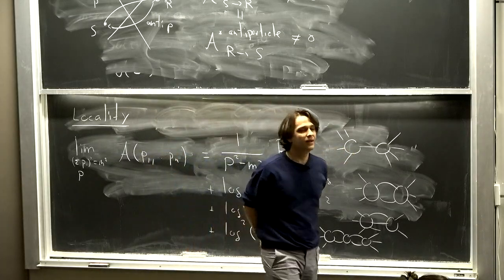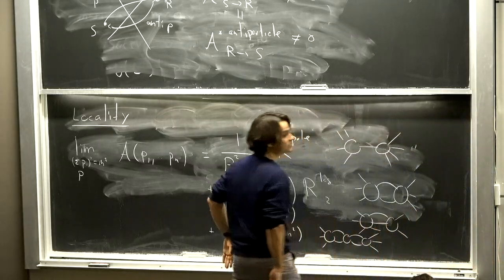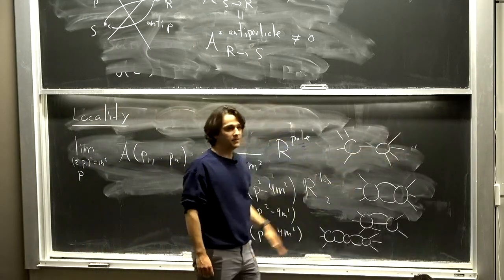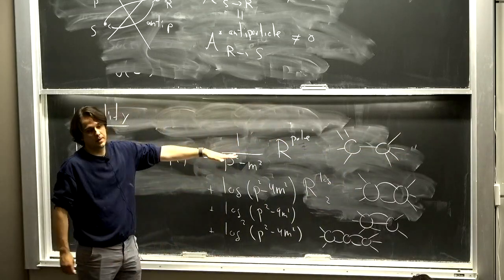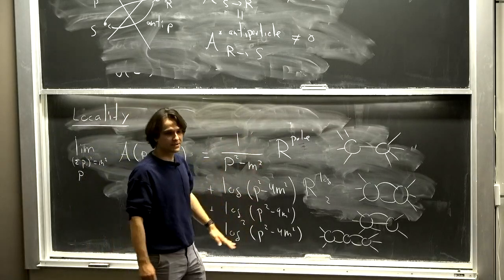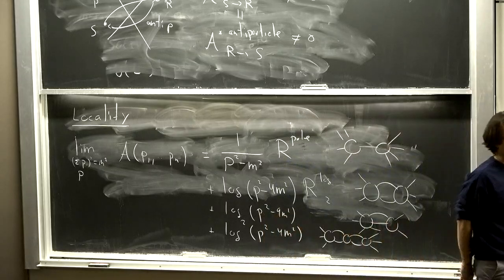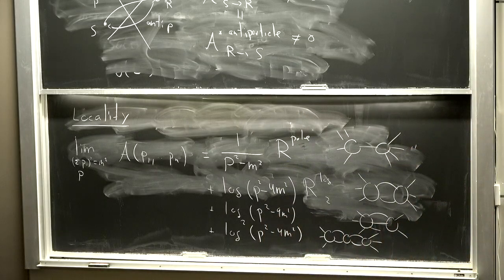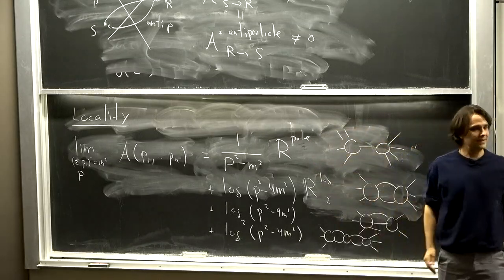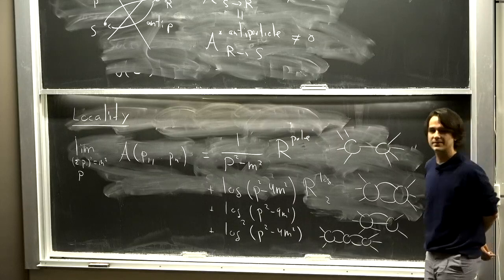We don't want to use Lagrangians. Yeah. So the intuition that I can give you is that everything has to blow up, because an infinite amount of time can pass between these two processes. And the only way it can blow up is if you have a pole, or a log, or the square of a log. So that's the menu of options, and that's what appears. Okay, so of course, you can derive all of these things in perturbation theory from field theory, but here I'm just giving, if you wish, this as an axiom, and I just declare that this is how locality shows up in an amplitude. Is there another question?